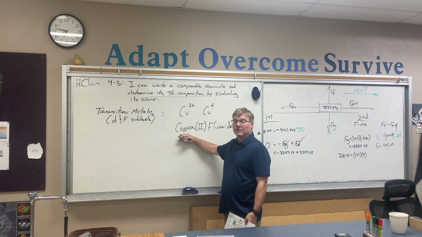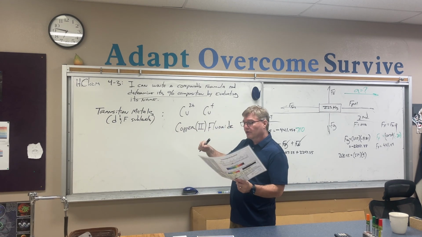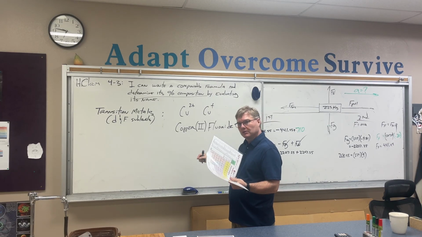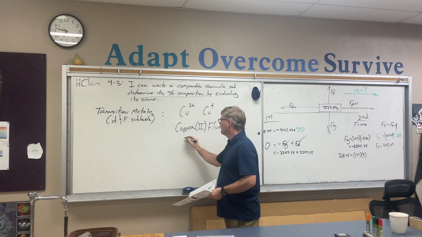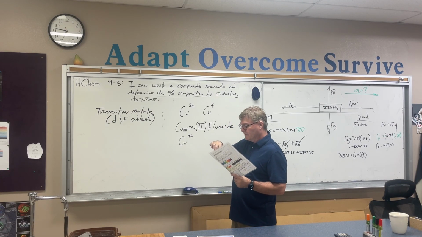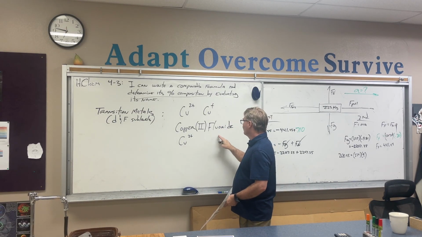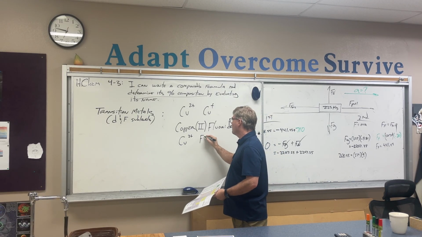It's kind of obvious on the charge because it's telling me it's 2 positive. But I'll go look anyway, and sure enough, there is a copper 2. Don't confuse it with cobalt, that's Co. Cu, 2+. I can see that right there on the list. And then fluoride, I'd go find that in the negative ion column, and that's F minus.